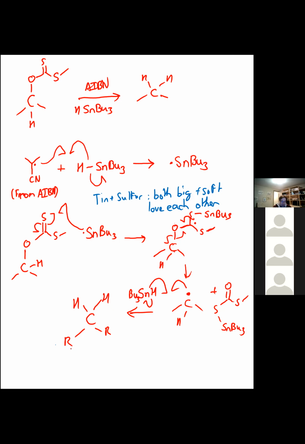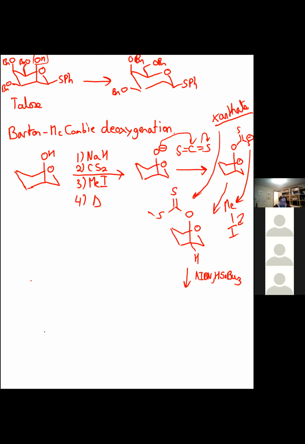Over those two steps, I'm just going to slide back a slide. We took this guy. We did sodium hydride, CS2, methyl iodide, 1, 2, 3, all in one pot. You literally add them one after the other.